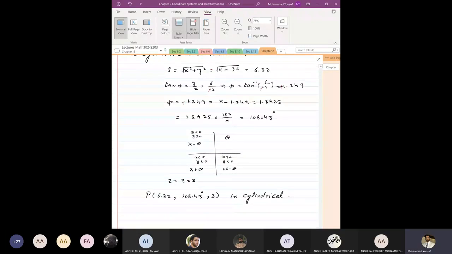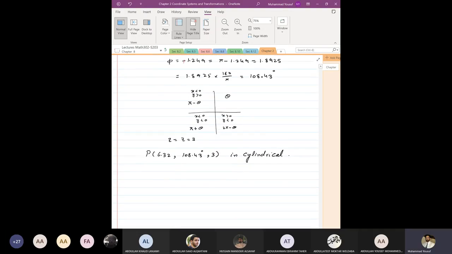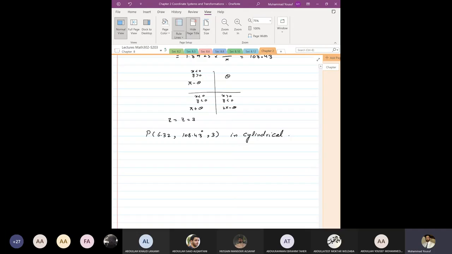But the rule which I'm telling you here is for any angle. Okay, now the next thing is spherical coordinates.